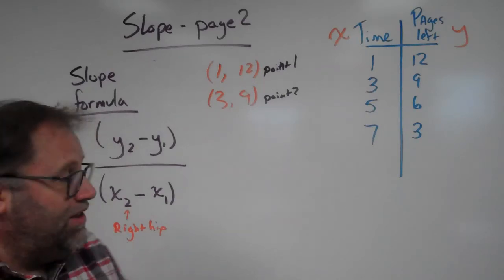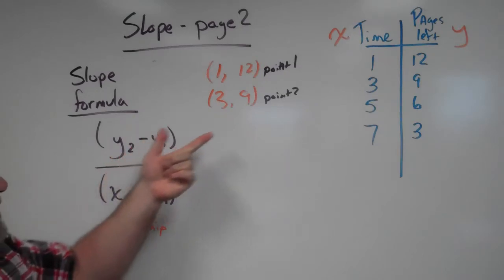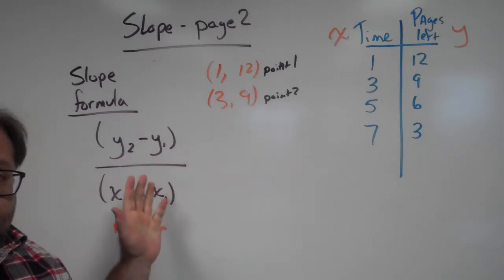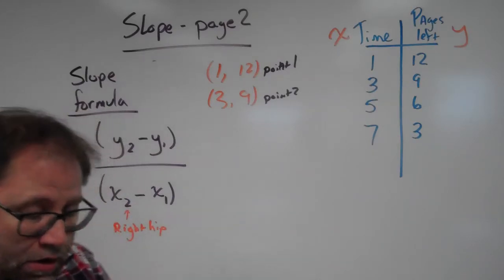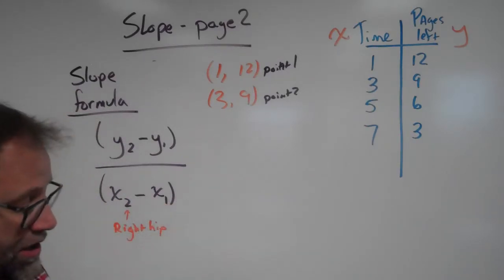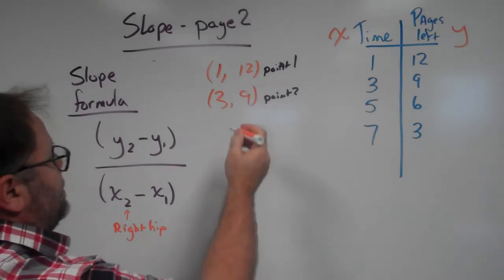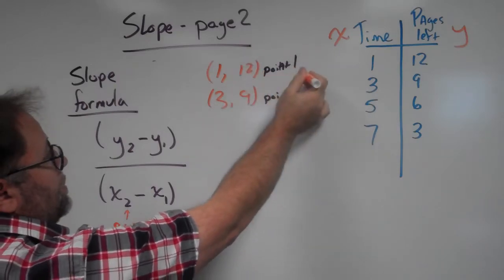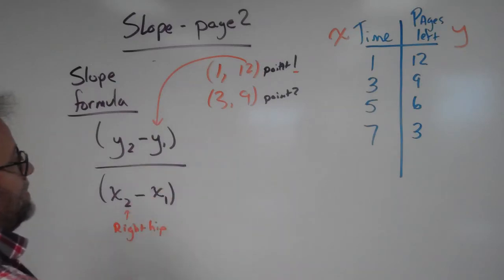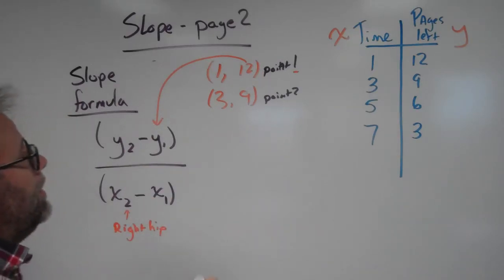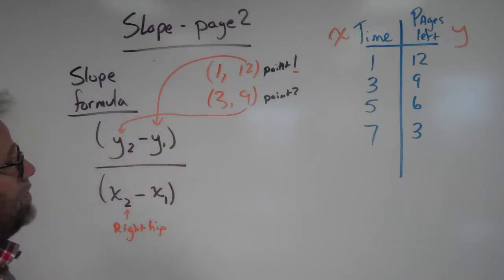Okay? And then we're going to take the x's from these and the y's from these and subtract them to find the difference. All right, so let's try this here. The first thing I'm going to do, I'm going to use my orange. So I'm going to do my y's first. So this is point 1, so I'm going to take the 12, and I'm going to put it into y sub 1, and I'm going to take the 9, and put it into y sub 2.